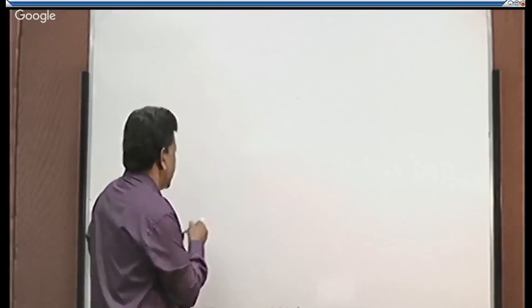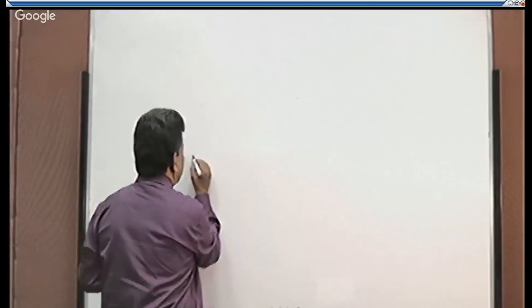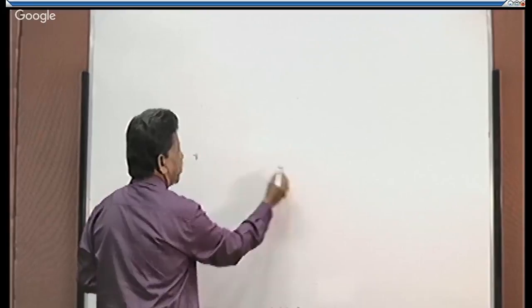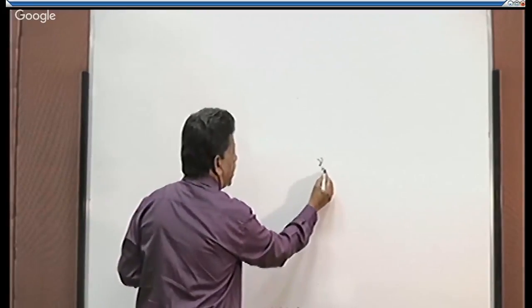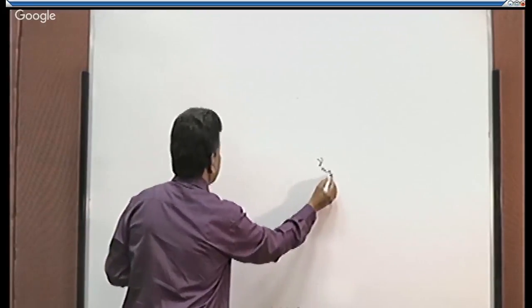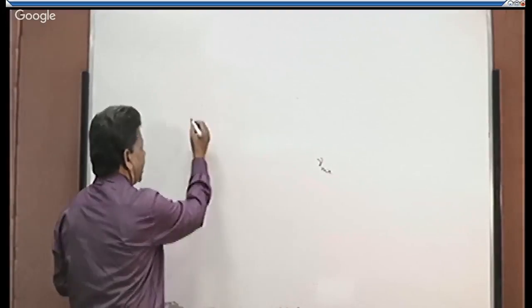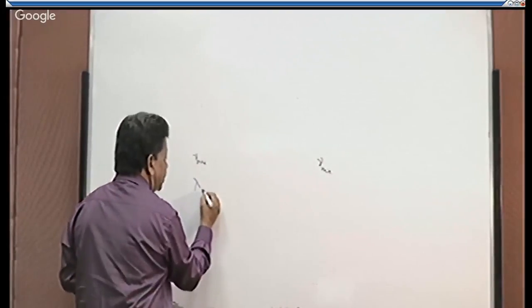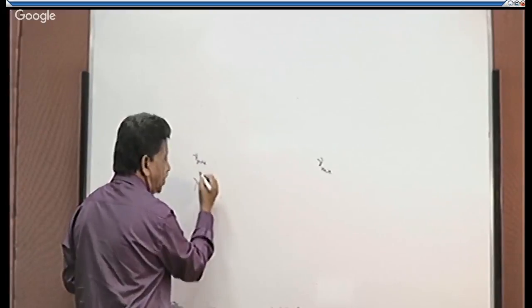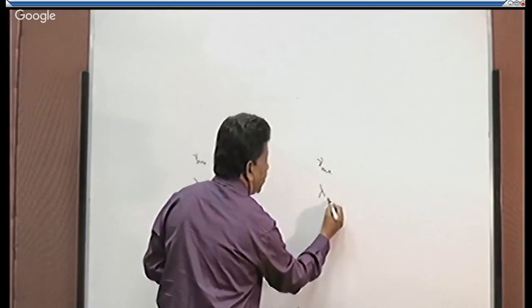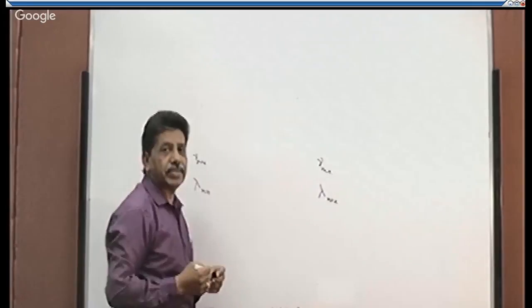Now, if I say the frequency at this point is maximum and the frequency is minimum here, so this may be one order. At the same time, I can say wavelength is minimum for such waves, whereas the wavelength will be maximum for such waves.